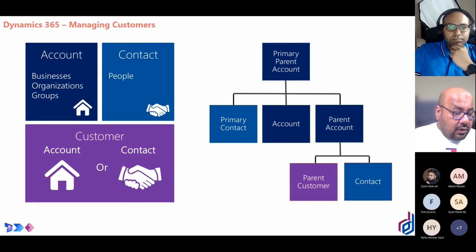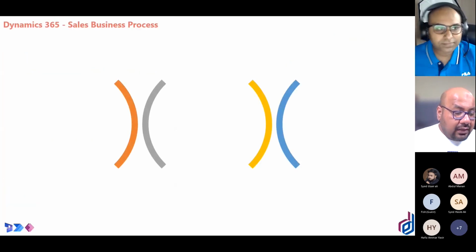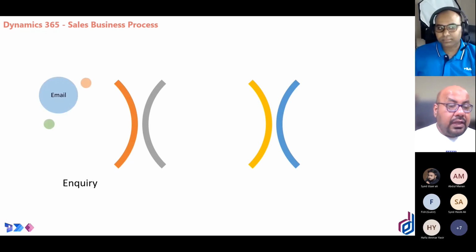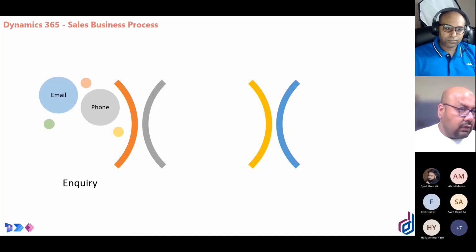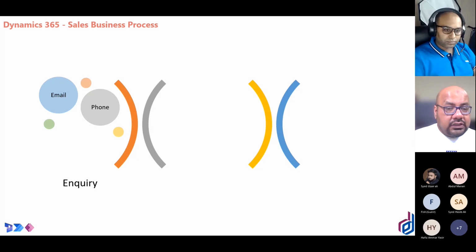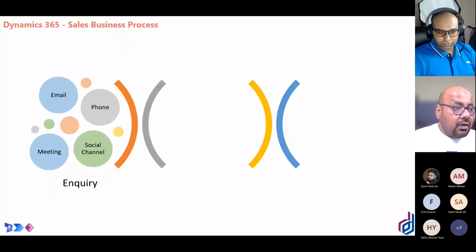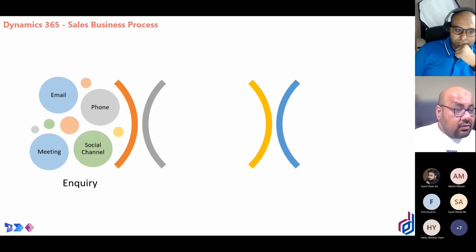First, we are going to see the business processes and how they look here. First is the information that you are going to capture in terms of the inquiry. An inquiry could be an email, a phone call that you receive from a prospect or potential customer, a meeting, or social channels where you are promoting yourself, your company, and your products and services, and grabbing the interest of potential leads.